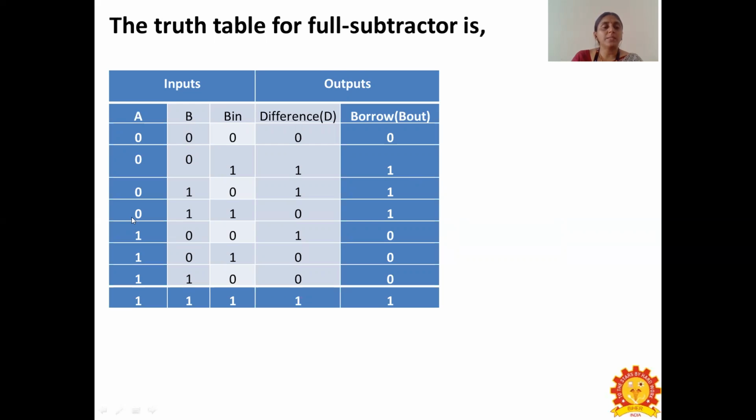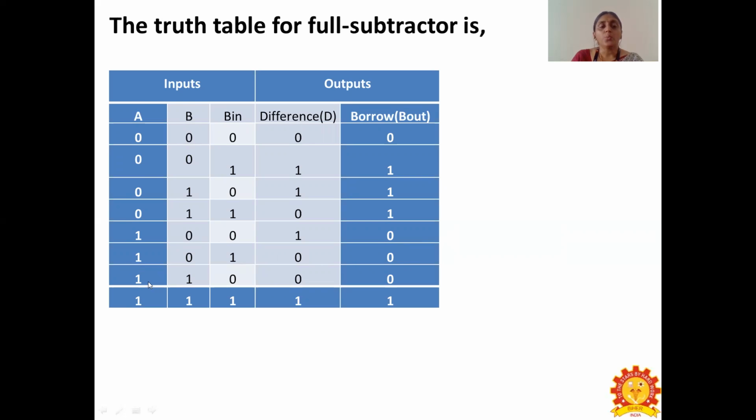And here when we subtract with 0 for A, 1 for B and 1 for B in, in that case the difference value is 0 and the borrow value is 1. And for the next input case 1 0 0, the difference value is 1 and the borrow output value is 0. And next input is 1 0 1 where the difference value is 0 and the borrow value is also 0.